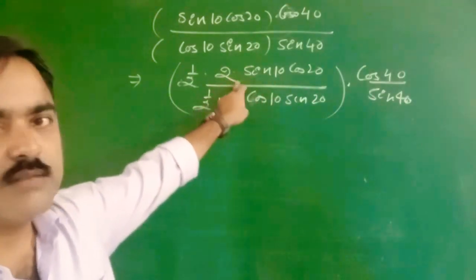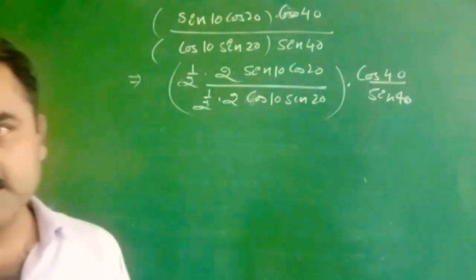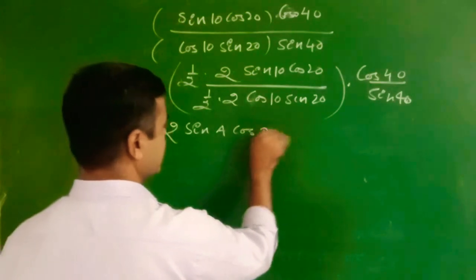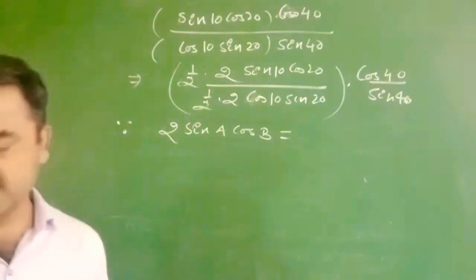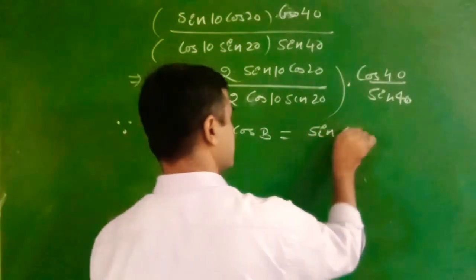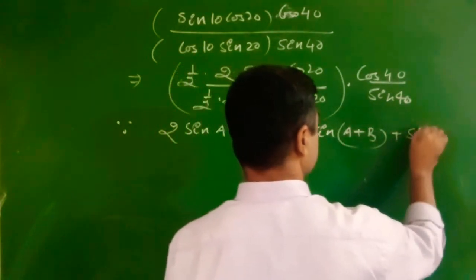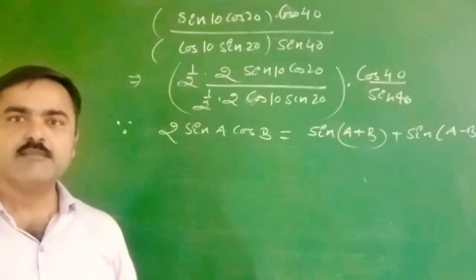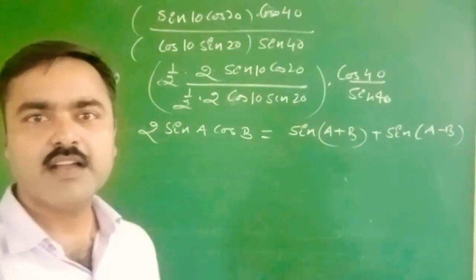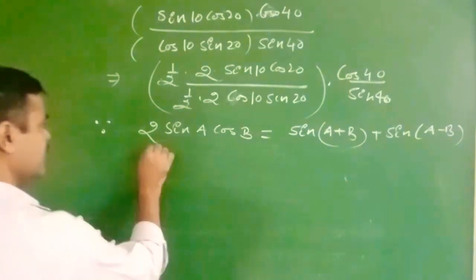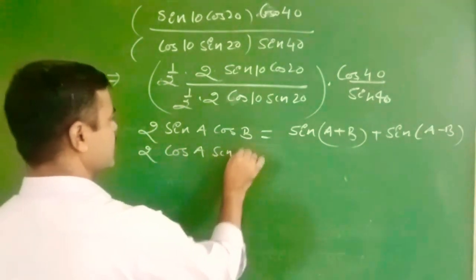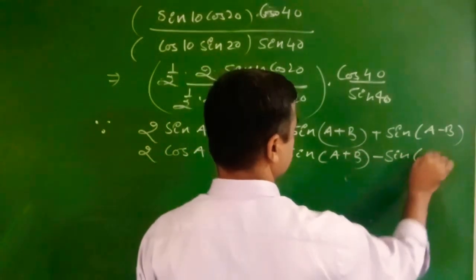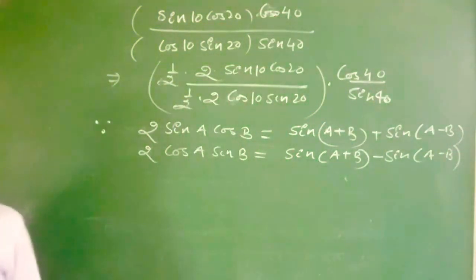Now you can see this is of the form 2 sin A cos B and 2 cos A sin B. So first of all you should know the identity: 2 sin A cos B is equal to sin A plus B plus sin A minus B. This is the identity, and this other one is of the form 2 cos A sin B. Then 2 cos A sin B is the identity sin A plus B minus sin A minus B. Everyone should learn these two identities.